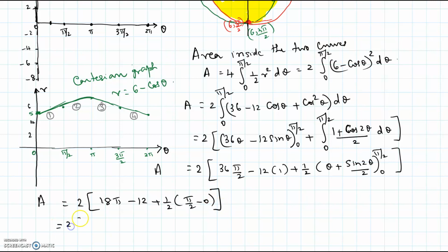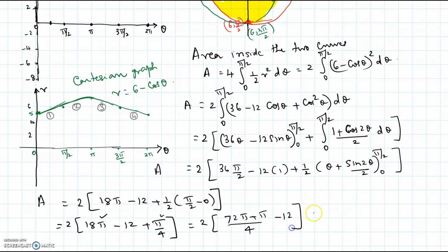So it is 2 times 18 pi minus 12 plus pi by 4. If we combine the two pi terms over here, 18 pi plus pi by 4, that will be 72 pi plus pi over 4, that is 73 pi over 4, minus 12.